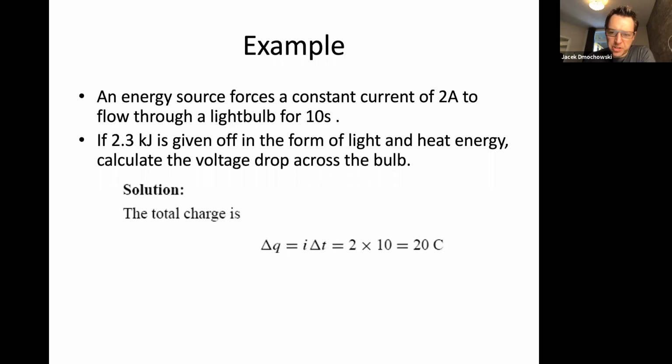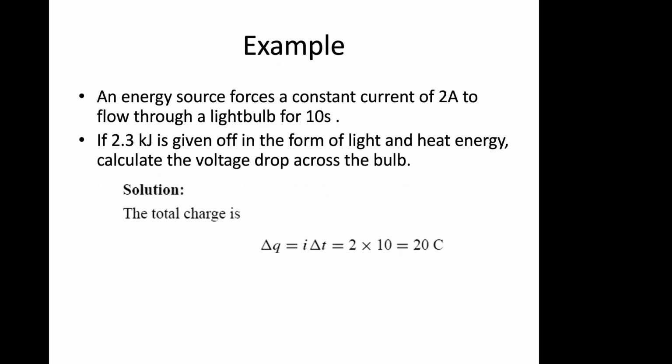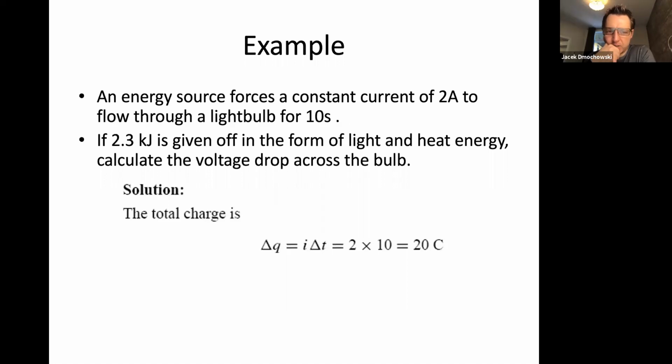So now if I have charge and I have energy, what do I do to calculate voltage? What's the definition of voltage? Voltage is a change in work over the change in charge.